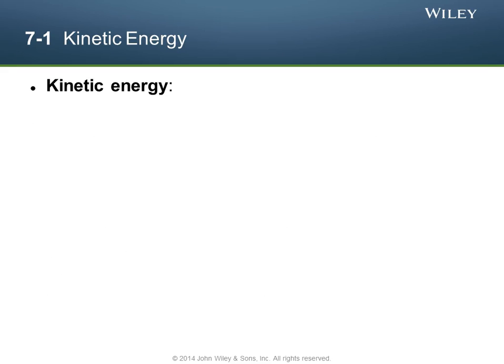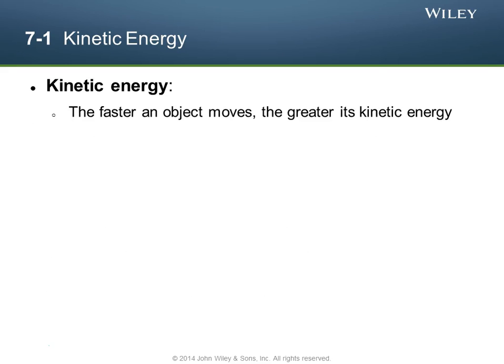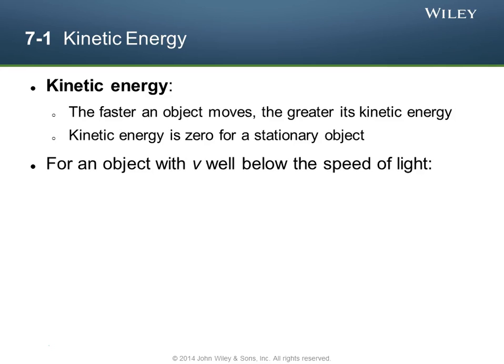So kinetic energy, basically, we know that the faster an object moves, the greater the kinetic energy it has. And kinetic energy is 0 for a stationary object. And so we can quantify this using an equation: K is equal to 1/2 mv squared. Now, this may be a little different in that in AP Physics 1 we could have used KE.